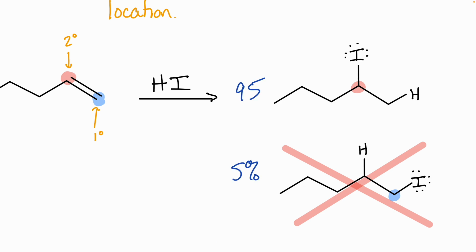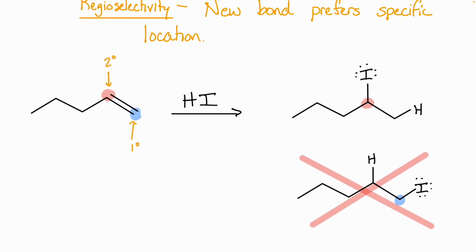A big preference for one location over the other. And what I'm always going to be asking you for is your major product, right? So in this case here, we're going to draw our major product. And again, the whole idea is this reaction has regioselectivity, where the halogen prefers the more substituted carbon.